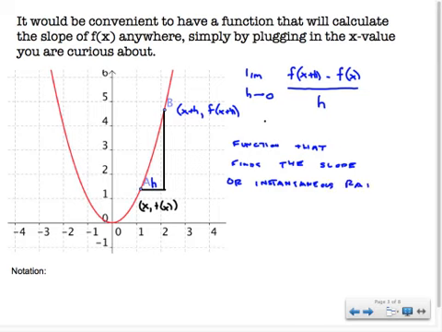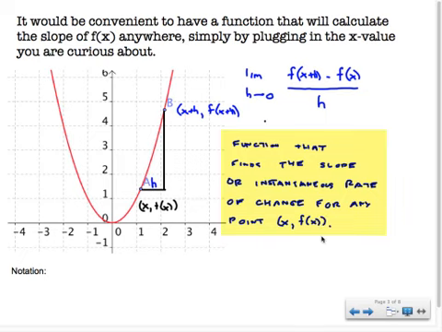Saw this term used before. And the key point here for this function, for any point x, comma, f of x. So in other words, I don't need to be doing specific locations when I start. I can create this function, and then once I have the function, I can just plug in x values to get the slopes or rates that I'm looking for.